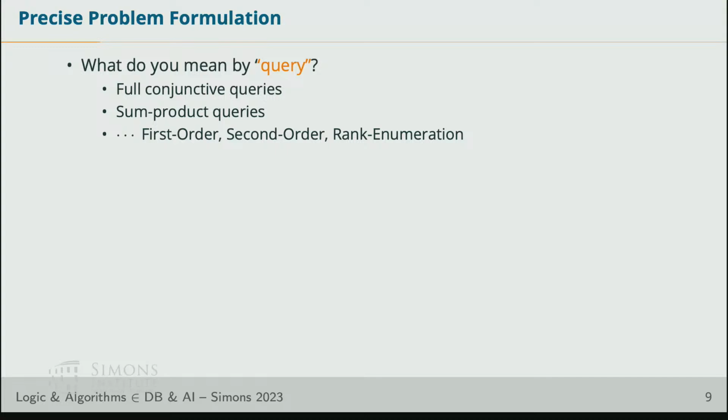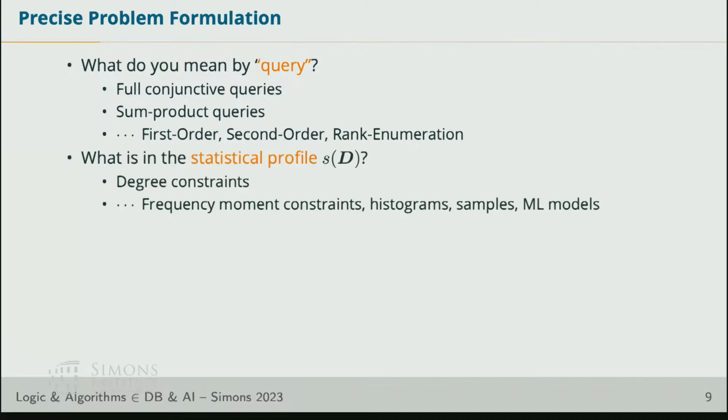There are other types of queries, say first order, second order; I'm trying to get topics lined up for the rest of the semester. We have Nikos who can give you rank enumeration talks, many different types of queries. They are very practical, extremely useful.